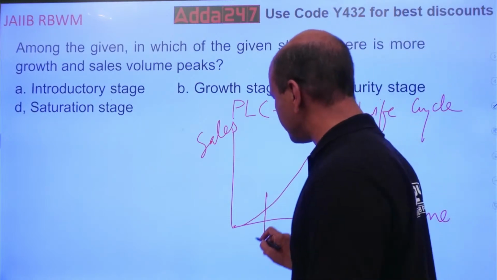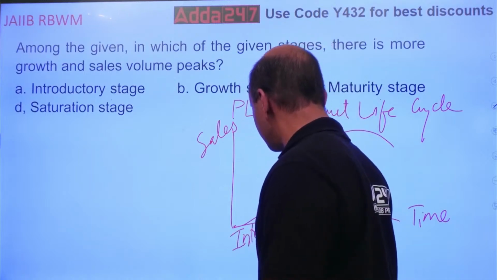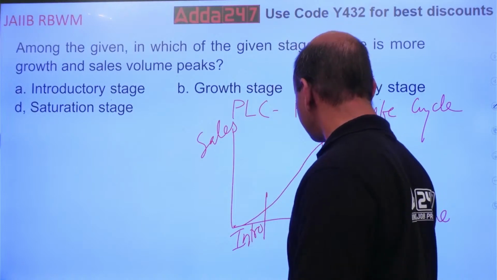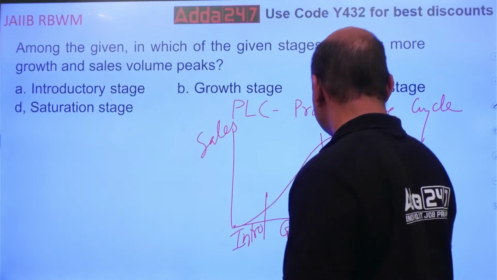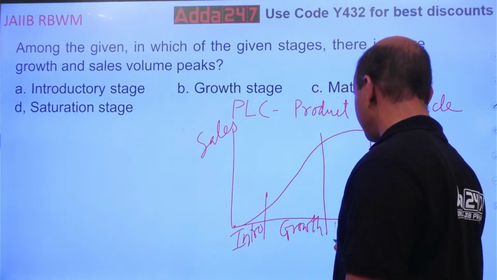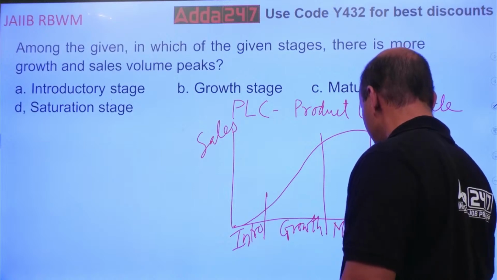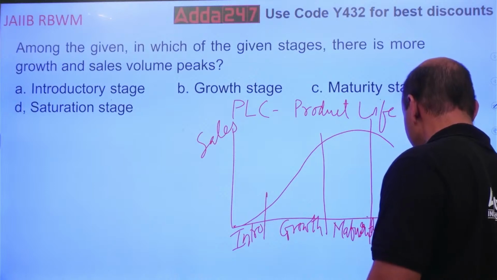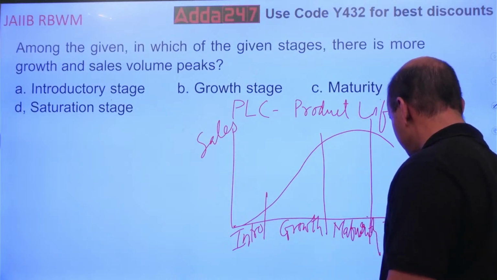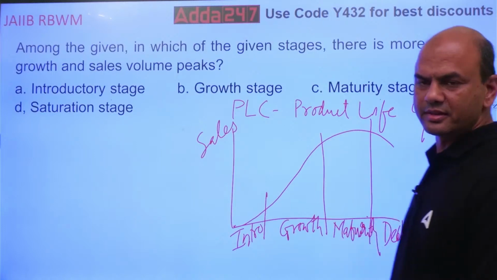This is the introduction phase, this is growth, this is maturity, and this one is decline. So these are the 4 stages in any product life cycle.